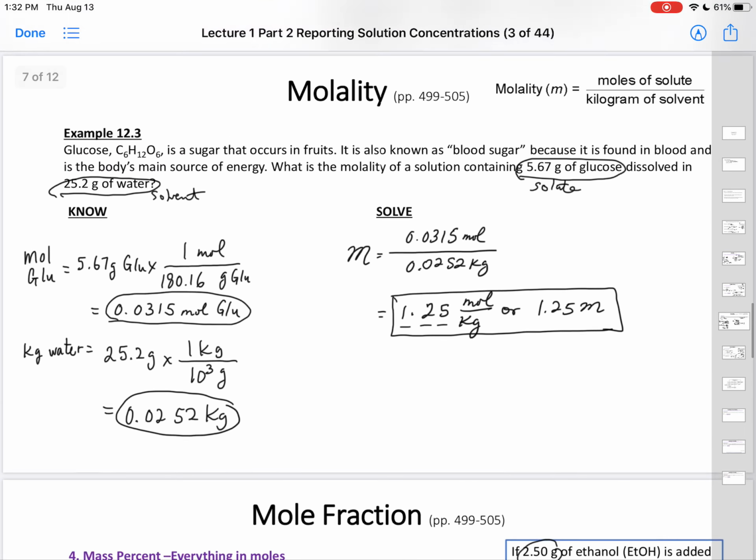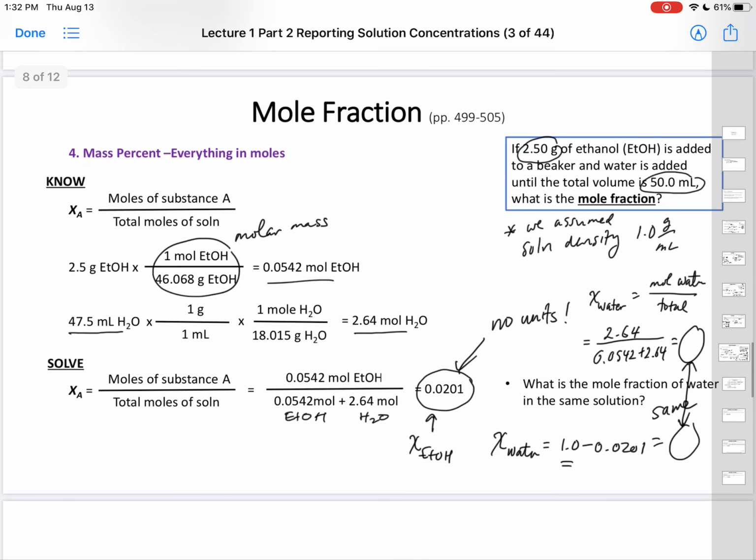Absolutely. That's what we did here on this slide, sorry, a mole fraction, right? We took the same amount, 2.50 grams of ethanol and 50 mils of water, and we expressed it as mole fraction. We can express a solution's concentration in any of these 4 ways.